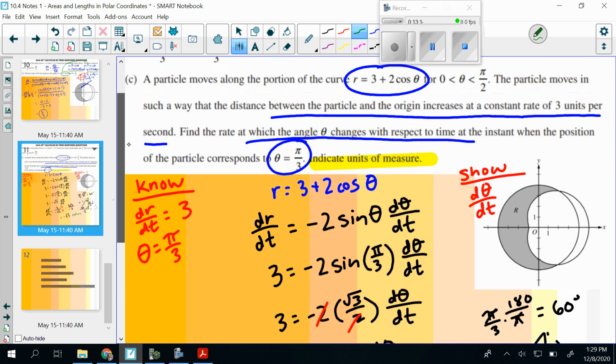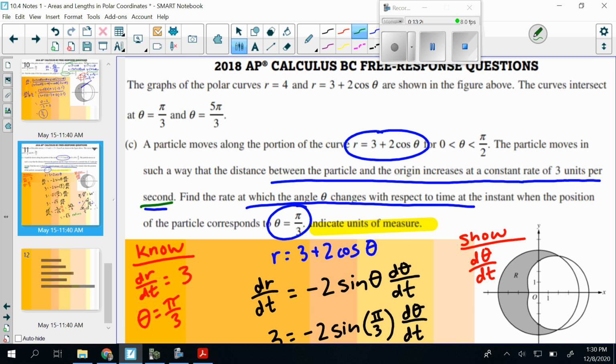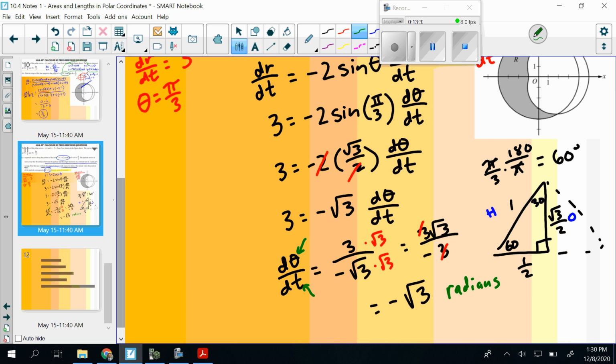If we go back to the top, it said that time was measured in seconds. So this would be radians per second when writing our units of measure. So radians per second, and that would be our final answer, and that was the correct answer on this one.